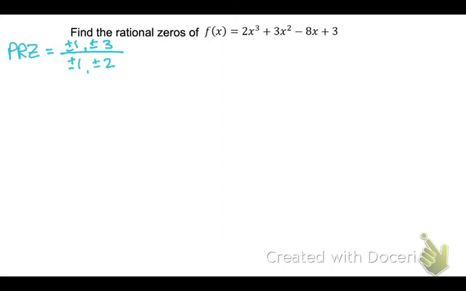So I could have 1, 3, 1/2, or 3/2, couldn't I? See how I'm just making the fraction? If you look in the back of the book, you don't need to write this down. They're going to have plus or minus 1, plus or minus 3, plus or minus 1/2, plus or minus 3/2. If I asked you for them, what we write is absolutely fine. You do not need to list them all out because they could get really extensive, couldn't they?